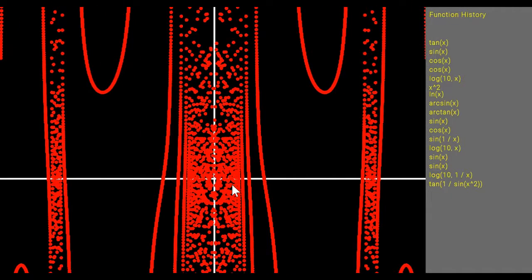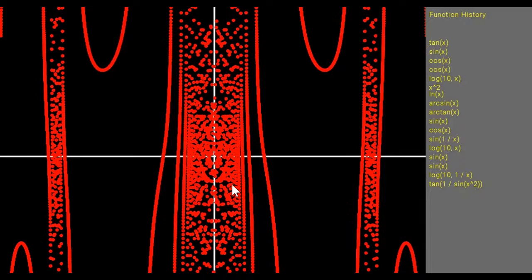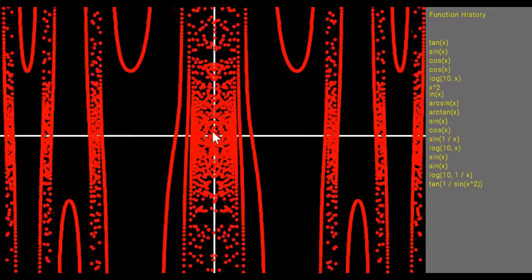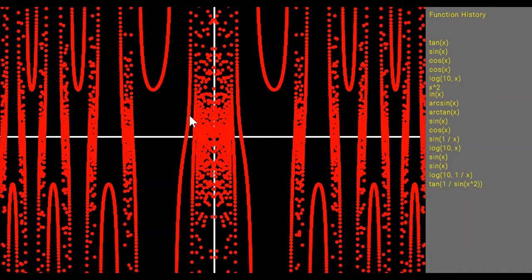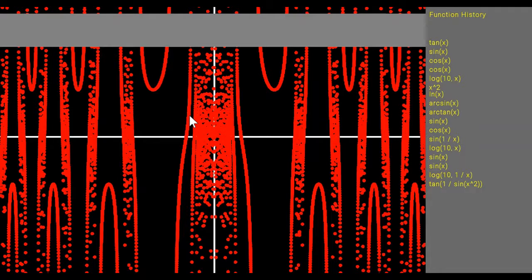This is how the graph graphs every equation, and this was a good demonstration of that. I would like to also show the fact that the graph can display multivariable equations, such as the log of 1 over x.